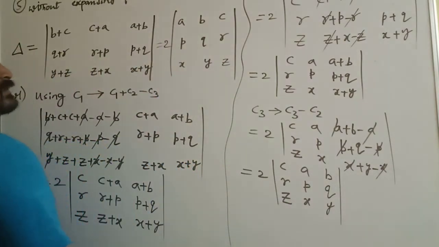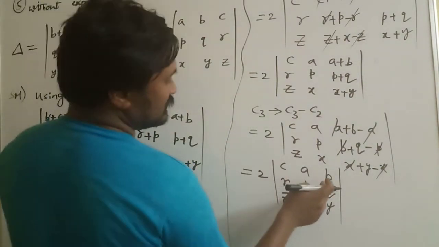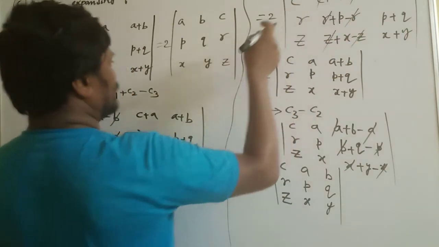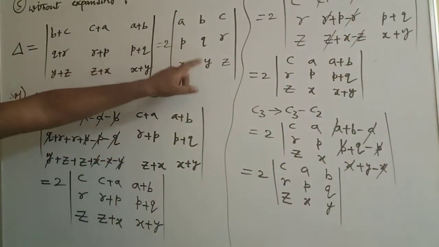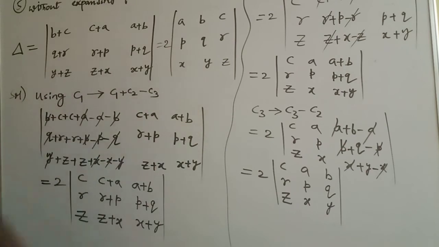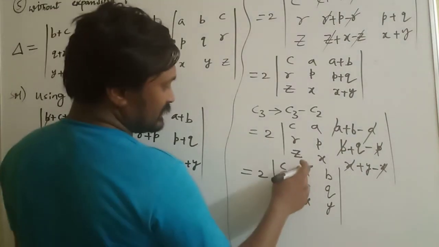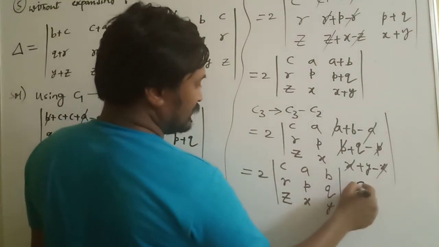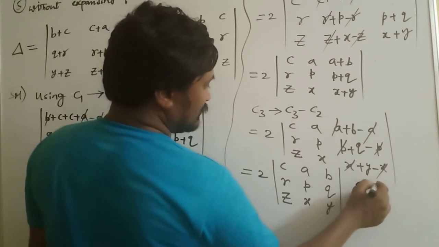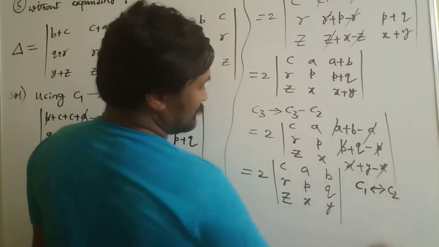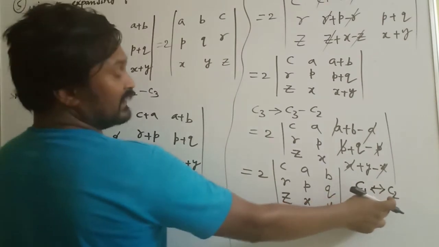But I want this in which method, so first I need to get A, P, X. For that purpose, what I'll do is exchange these two. That means C1 double arrow C2, meaning both are interchanged.